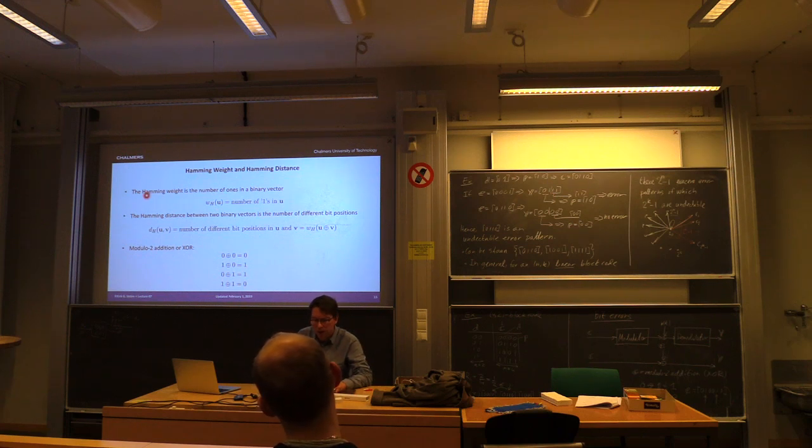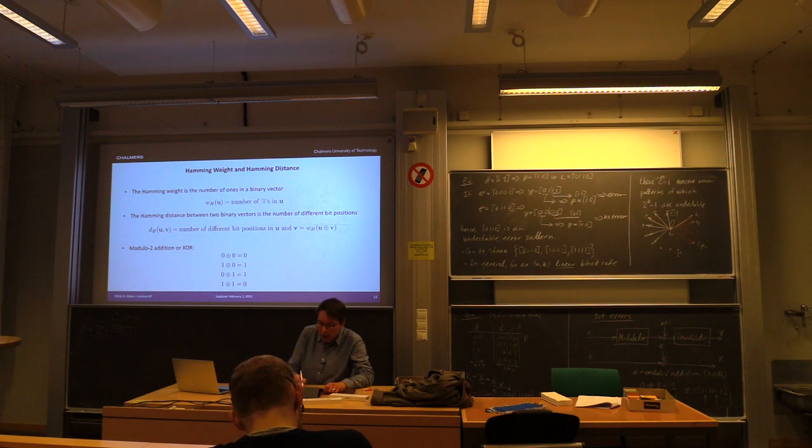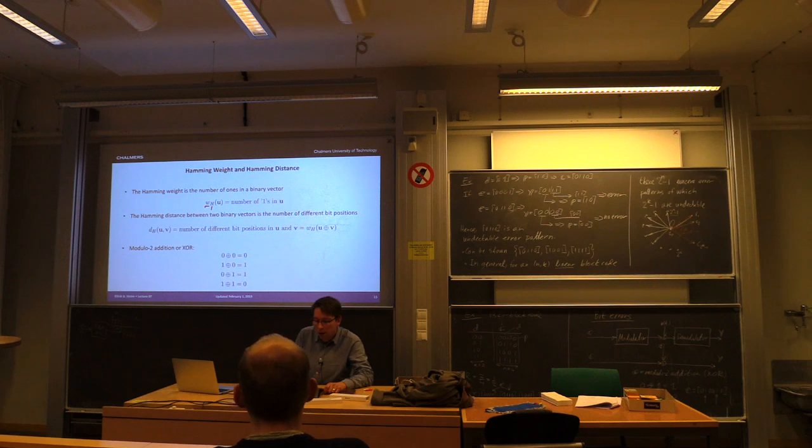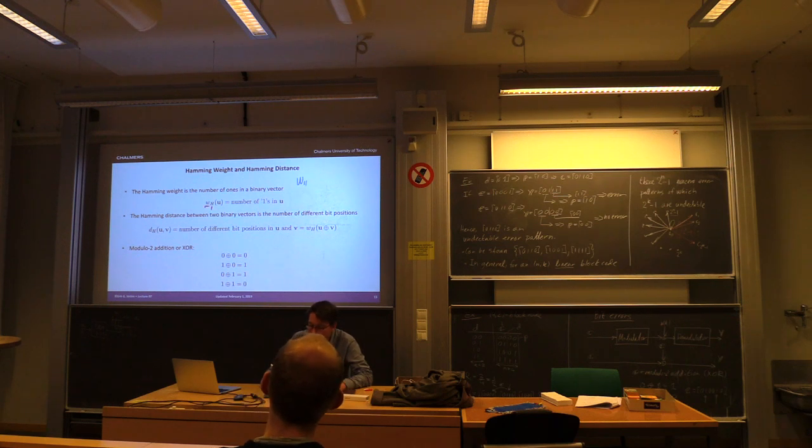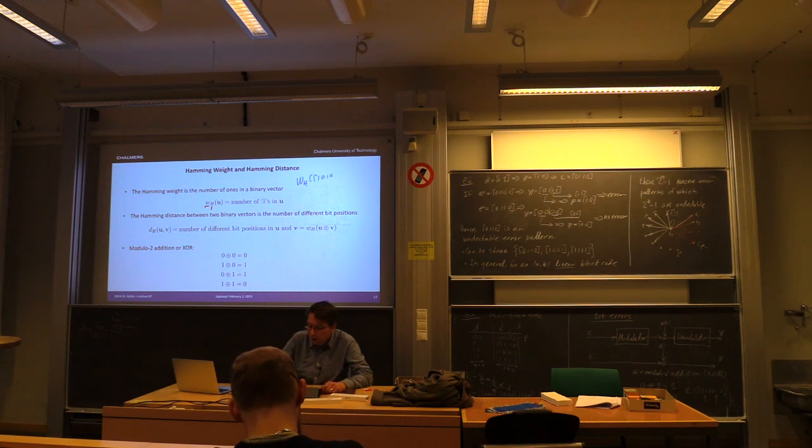It's not rocket science, but the Hamming weight is the number of ones in a binary vector. Okay, so Hamming weight is denoted by W for weight and H for Hamming, and the Hamming weight of a binary vector U is the number of ones in U. Okay, so the Hamming weight of 1, 0, 0, 1, like this, is equal to 2.